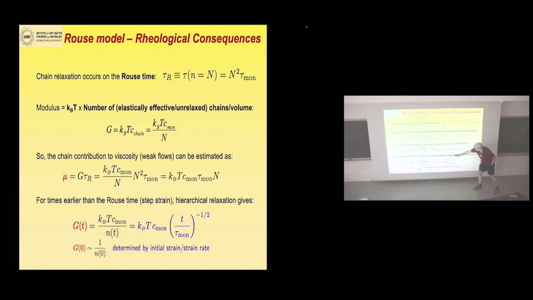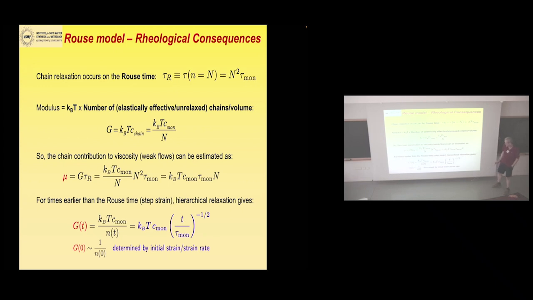And so G of t is now basically kBT times the monomer concentration divided by the length of the subchains that have been able to relax the stress. So now I take my modulus, and my modulus now has a numerator, which is the number of unrelaxed segments. Okay. And if I put the n of t that I had in before, I get a modulus that scales as t to the minus a half.